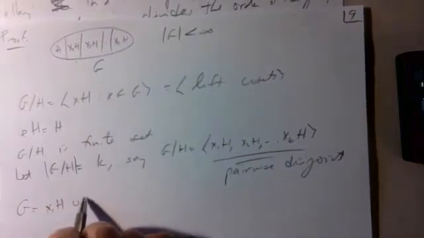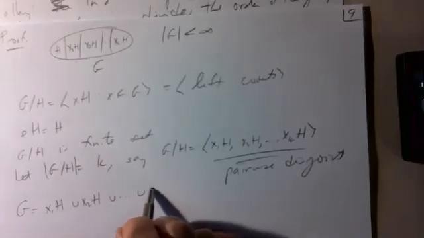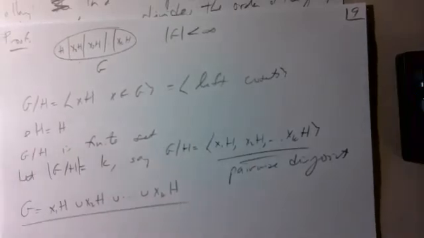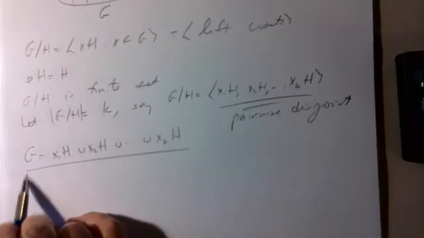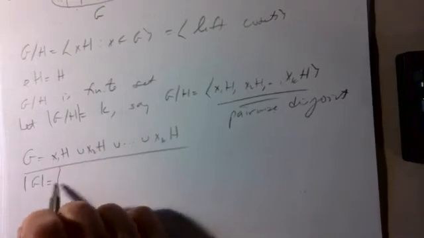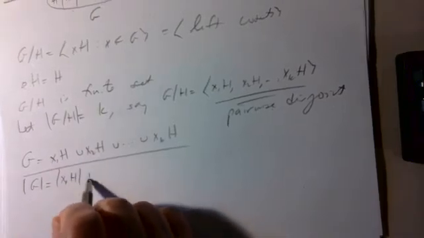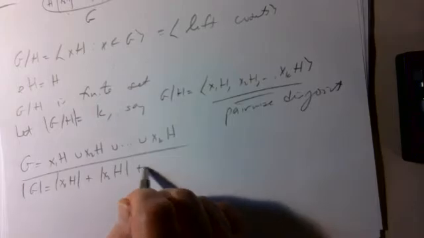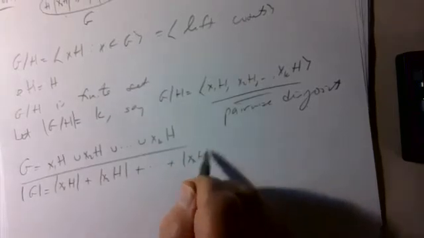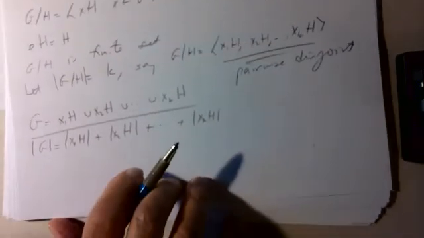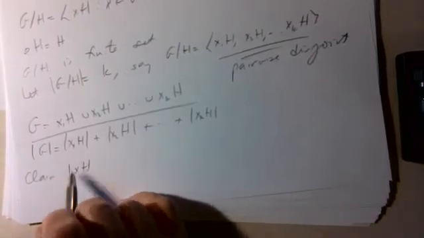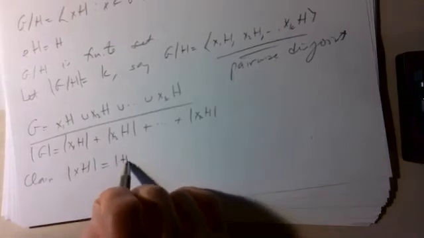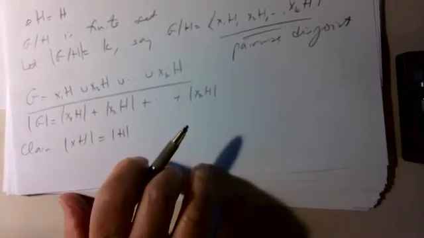So G is the union of these k cosets. And the fact that they're pairwise disjoint means the number of elements in G is the number of elements in x1H, plus the number of elements in x2H, and so forth. It's the sum of the sizes of these sets. But I claim that every left coset has cardinality the order of H. They all have the same number of elements.